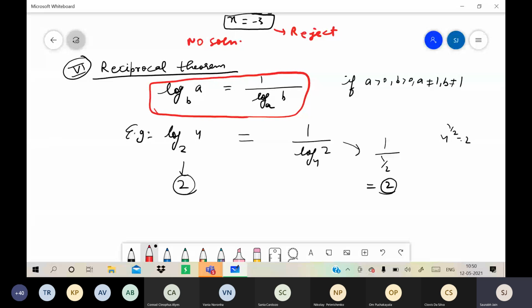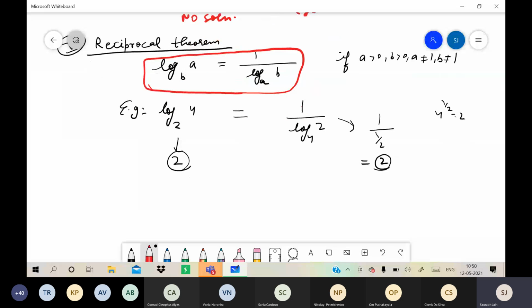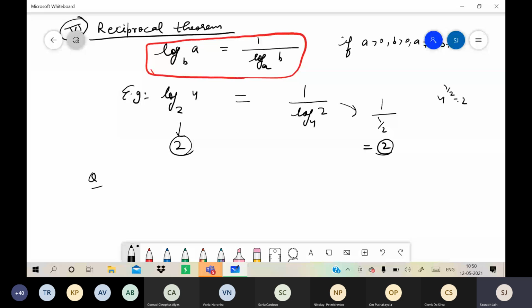So let us solve one question. As I am constantly repeating, the properties that I have already taught you will obviously be used. They can also be used in any question now. So I'm giving you one question, just try this.